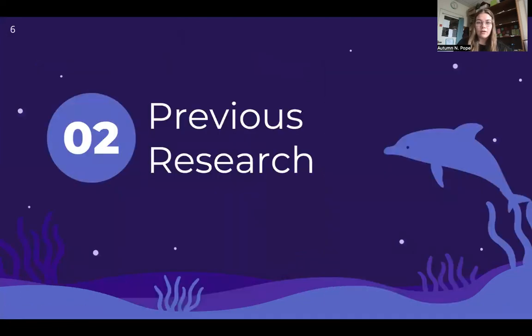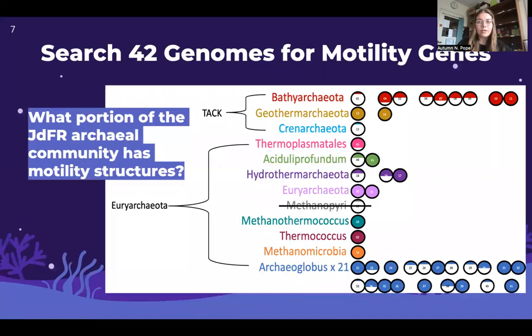So some previous research I did, starting the summer after my freshman year, and then into sophomore, junior, and senior year. My freshman year, I looked at 42 genomes from the Juan de Fuca Ridge to search for any type of motility genes that they might have. These circles represent the genomes that I looked at, so 42 genomes.